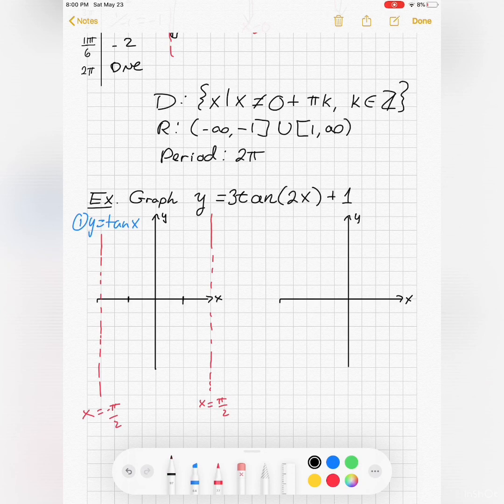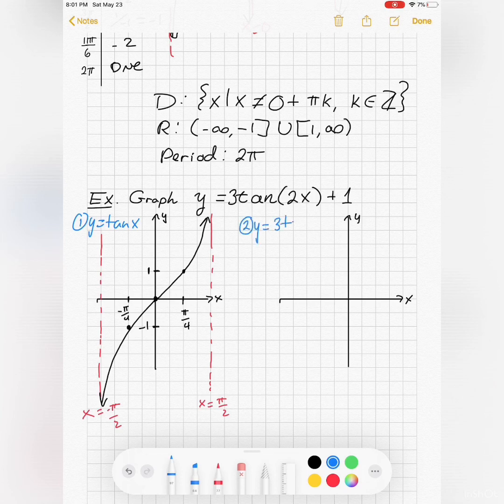Okay? And those correspond with 1's. So there's my rough sketch of tangent. I only have to show a full period, so that's sufficient.